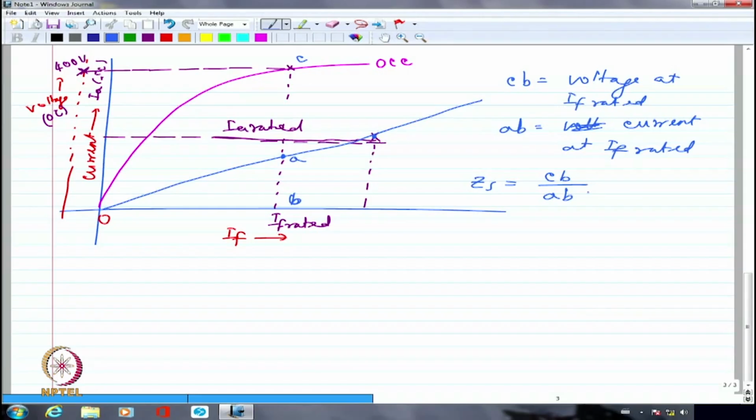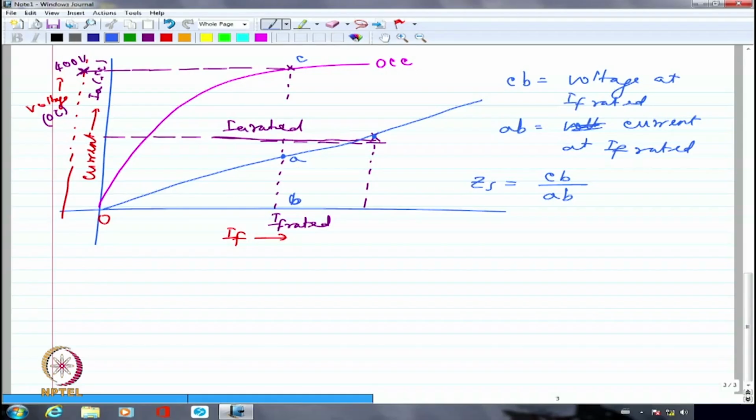I want you guys to note one thing clearly. I am looking at what is the rated value of field current at which voltage is produced under open circuit condition. Under that condition itself, had I short circuited my machine, what would happen? A current would definitely flow because I have short circuited. Until now it was open, so there was no current flow. The moment I short circuited, there will be a current flow.